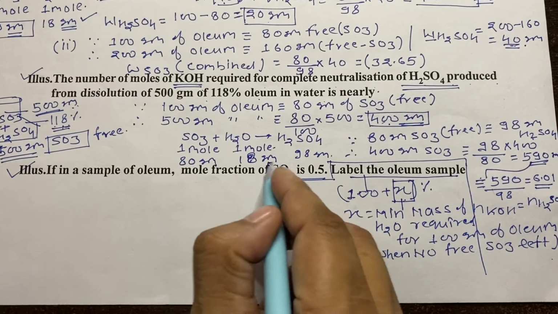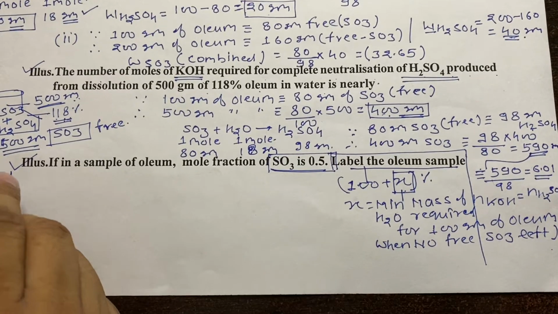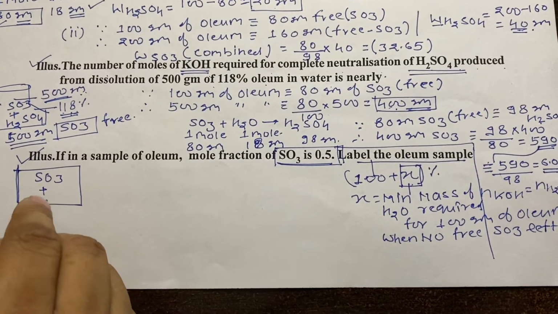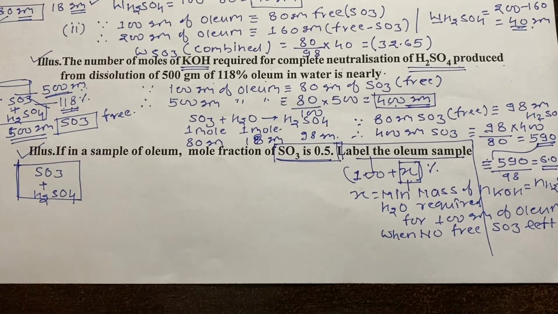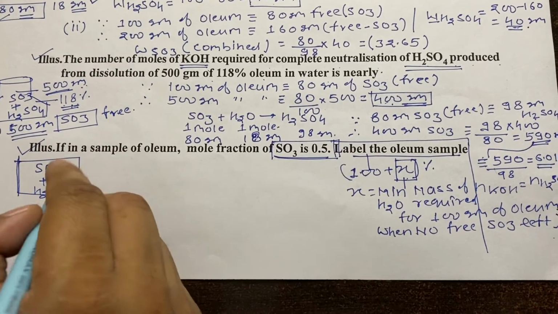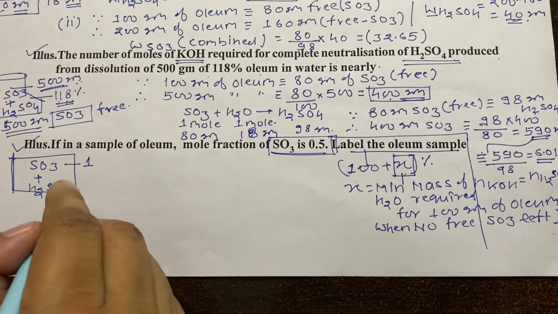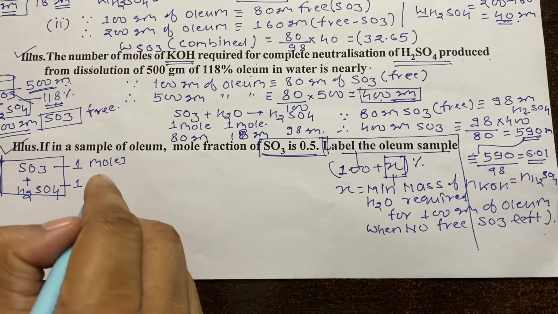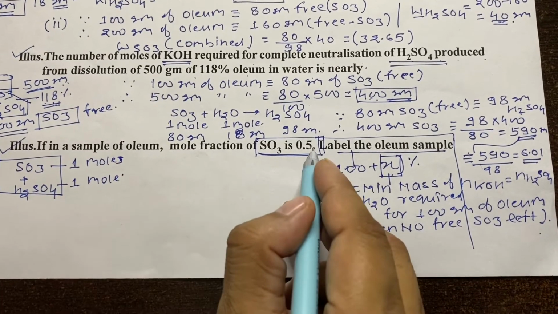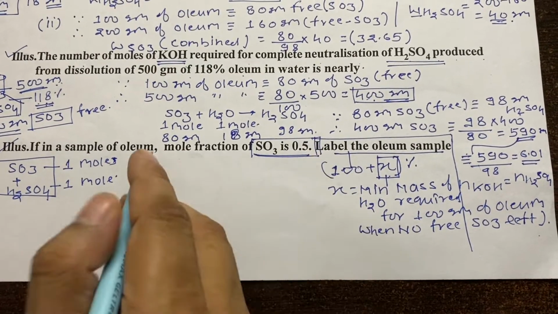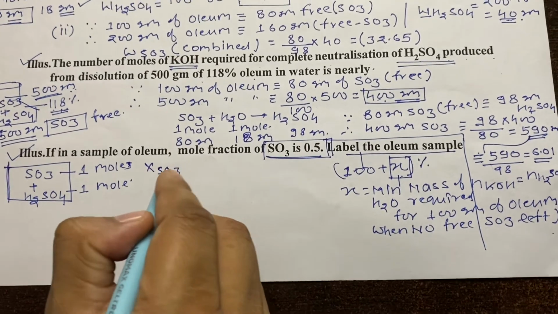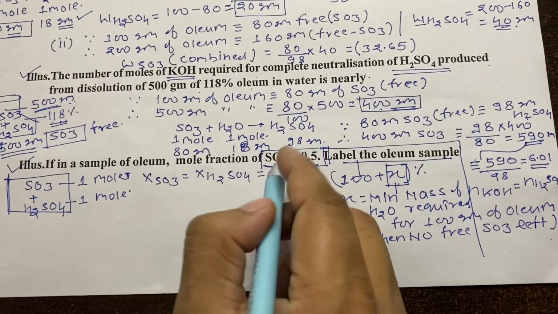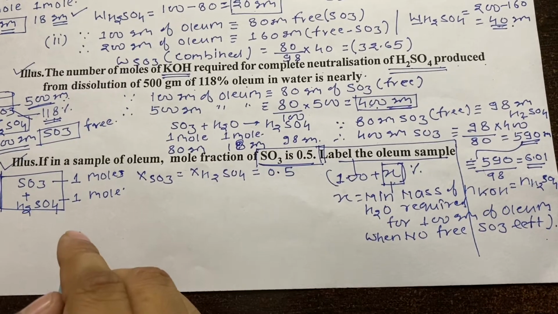Because the mole fraction of SO3 is given as 0.5 and we know that oleum is simply a homogeneous mixture of SO3 and H2SO4. So obviously equal moles of these are present, suppose 1 mole of each. That's why the mole fraction is 0.5. So we can say that mole fraction of SO3 will be equal to mole fraction of H2SO4, that will be equal to 0.5.